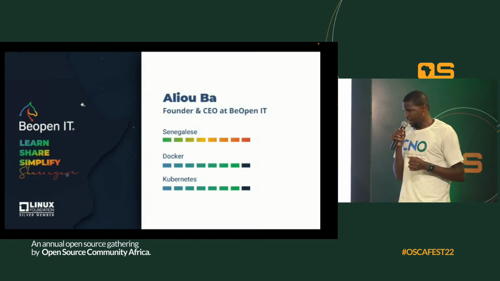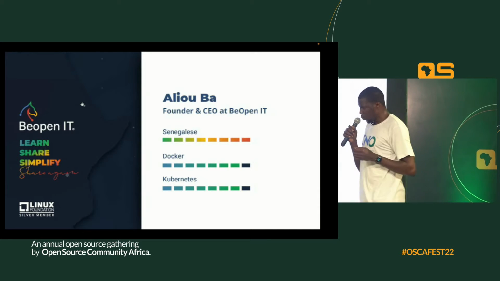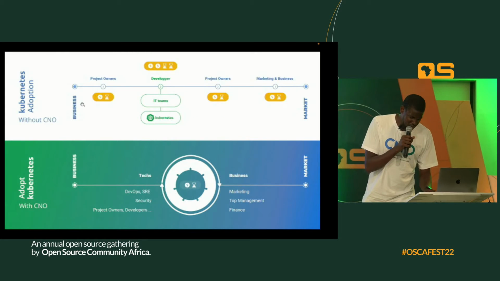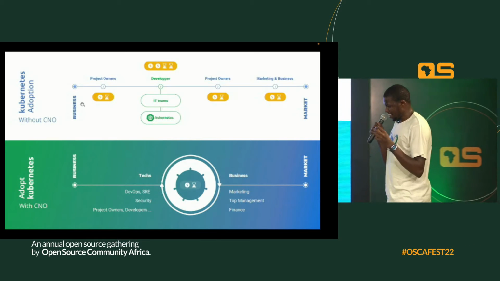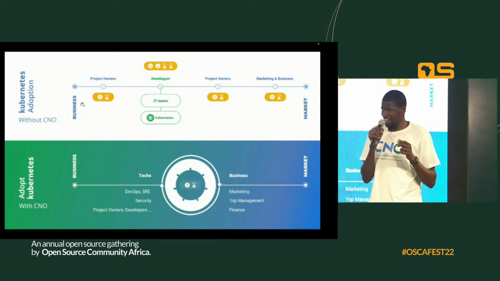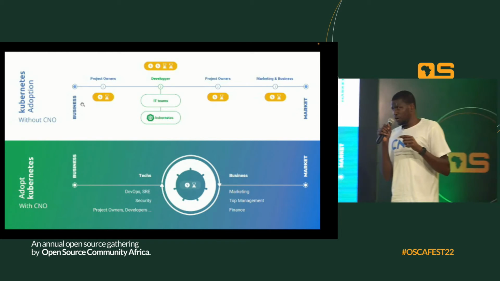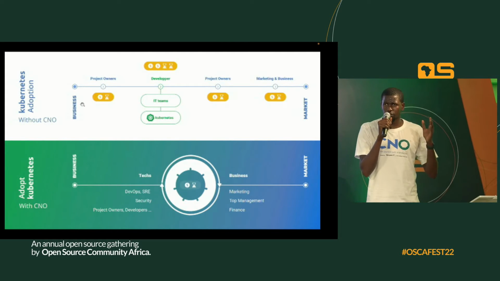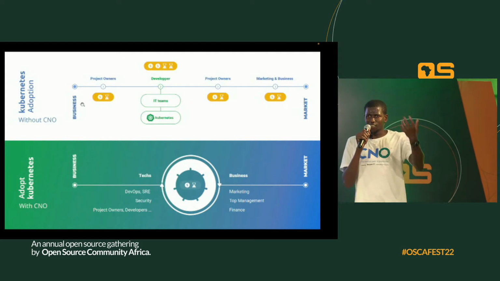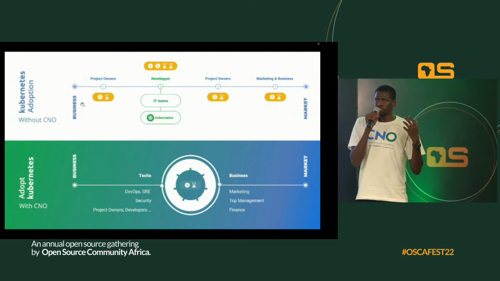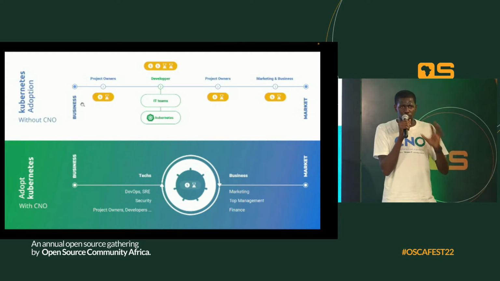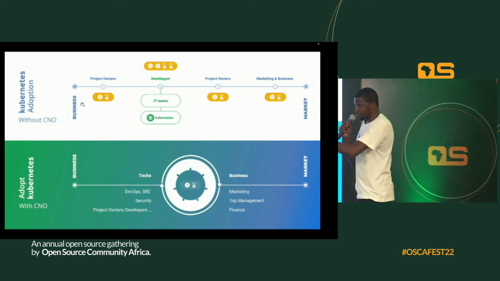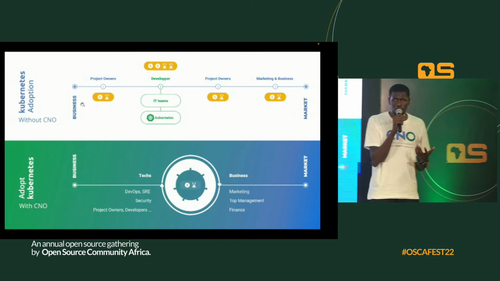We highlighted the problem. The problem is that most of the time you have IT teams, it can be SRE, DevOps or security teams, that are adopting the new technology, but they just adopt it and that's it. The other teams are not onboarded.